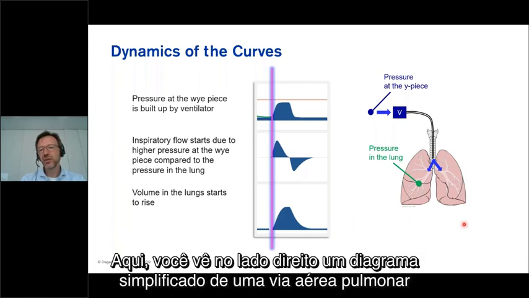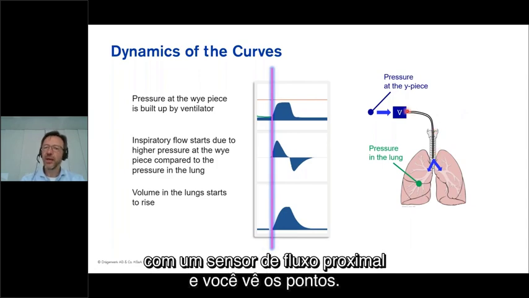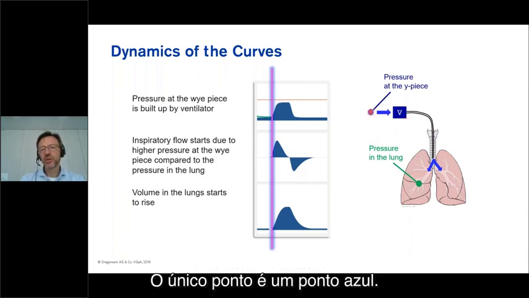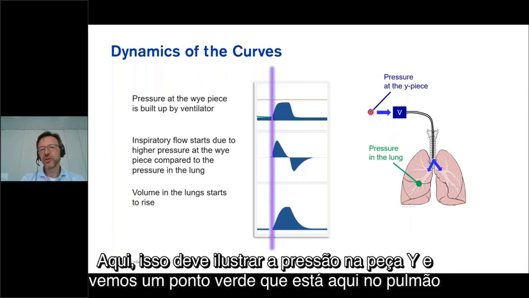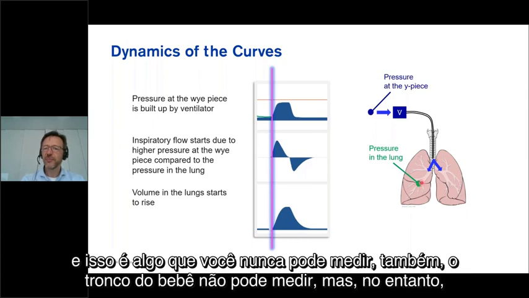On the right side you see a simplified diagram of a lung, airway, and an ET tube with a proximal flow sensor. You see two points. The blue point illustrates the pressure at the Y-piece, and the green point is in the lung. This is something you can never measure, and Babylog cannot measure it either.